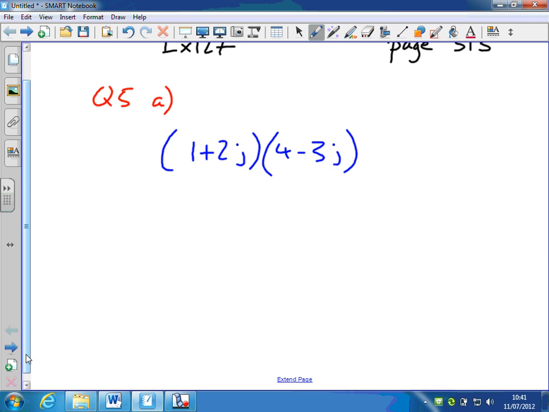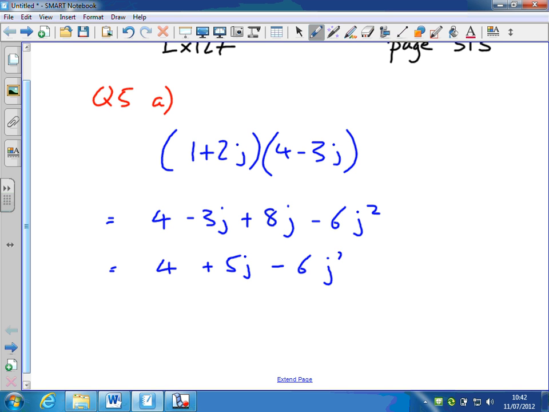So 1 times 4 gives me 4, minus 3j plus 8j minus 6j squared. Now collect together like terms. 4, minus 3j plus 8j is 5j, minus 6j squared.